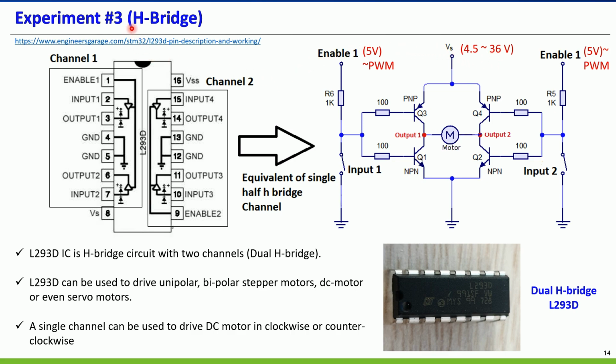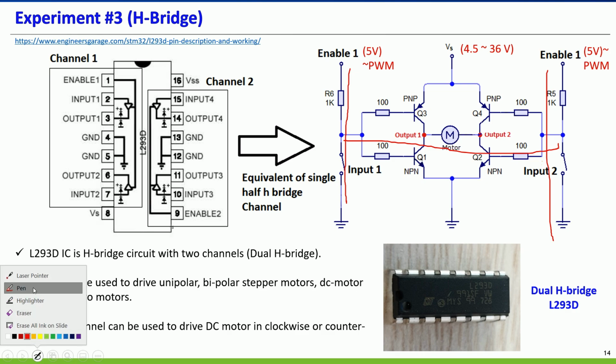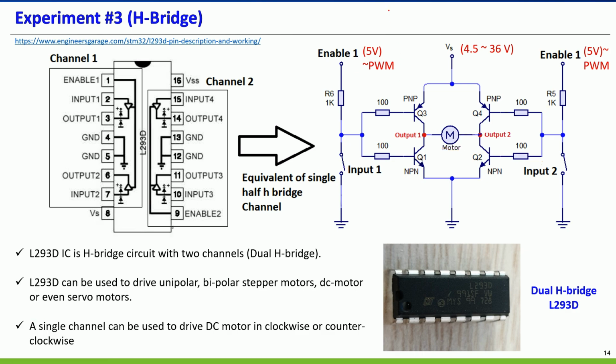We call it an H-bridge because the shape of this bridge circuit is like the letter H, like this H, like this H. So sometimes people just call it an H-bridge because it is similar to an H.